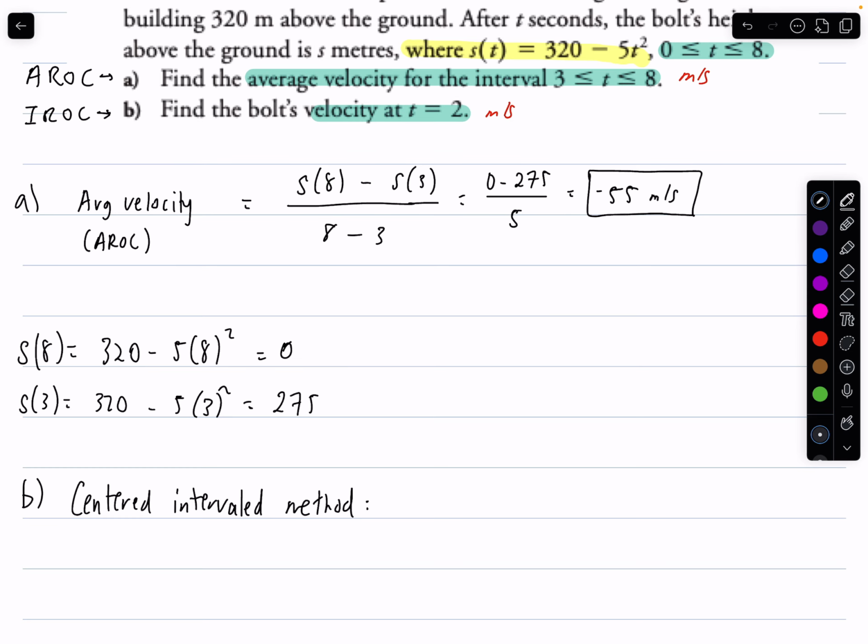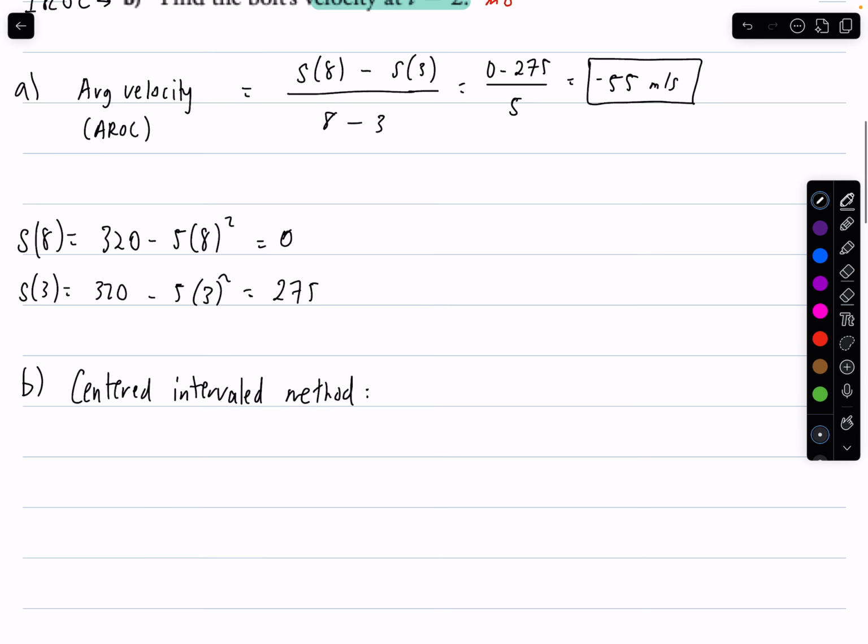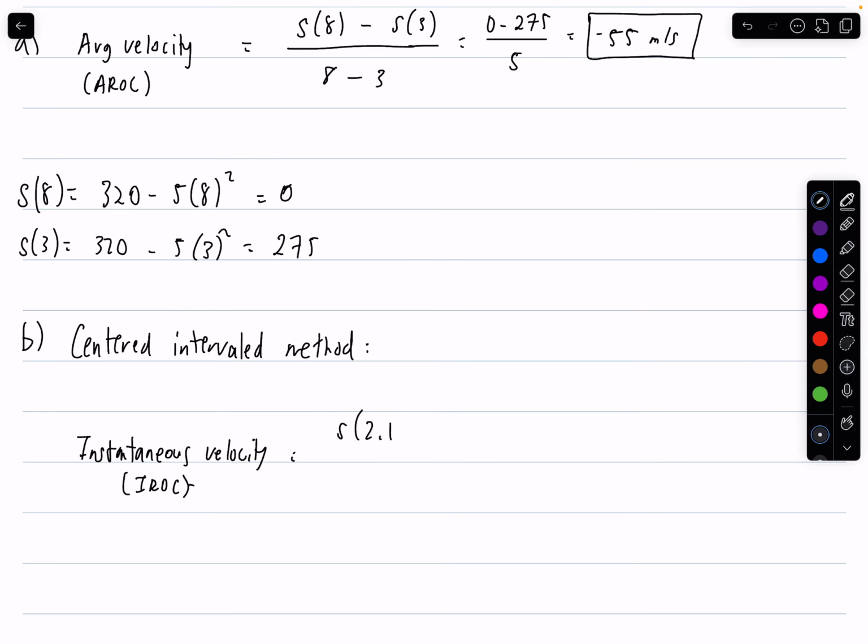The centered interval method is basically going to say the instantaneous velocity, otherwise known as the IROC, is going to be s at 2.1 minus s at 1.9 over 2.1 minus 1.9.